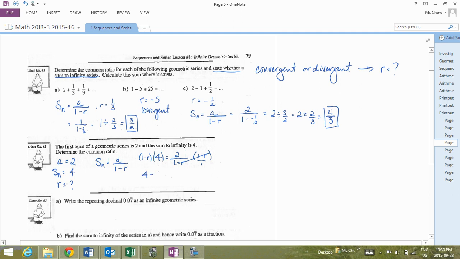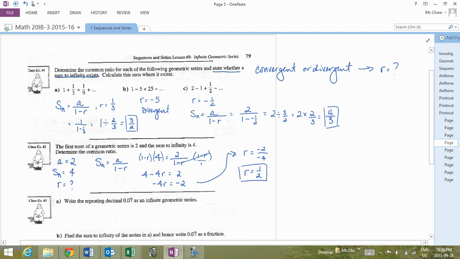So we have 4 minus 4r is equal to 2. Subtract 4 from each side, so -4r is equal to -2. Divide both sides by -4, so r is equal to -2 divided by -4, or r is equal to 1/2.